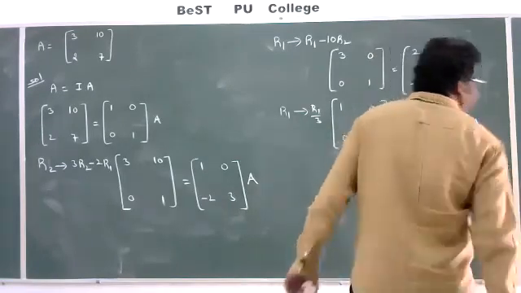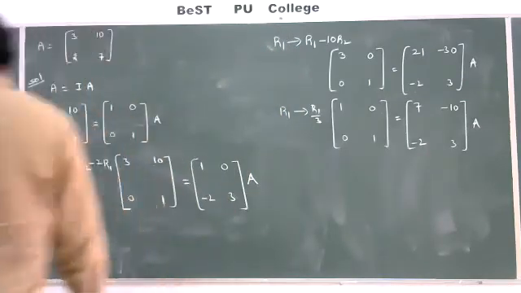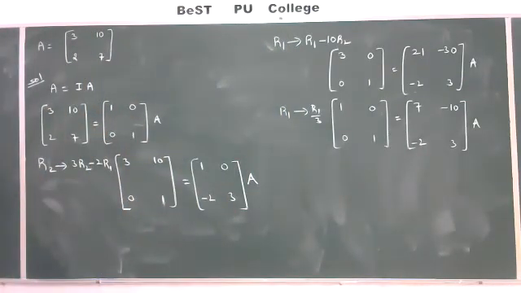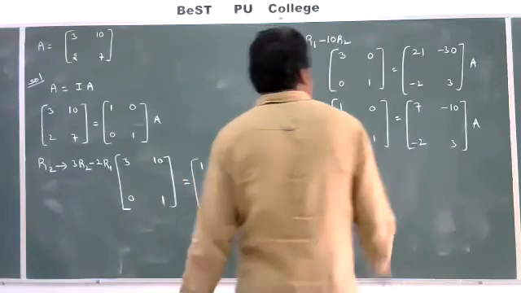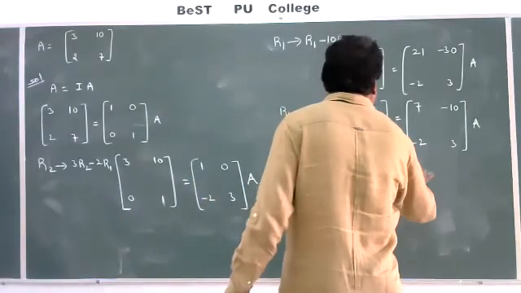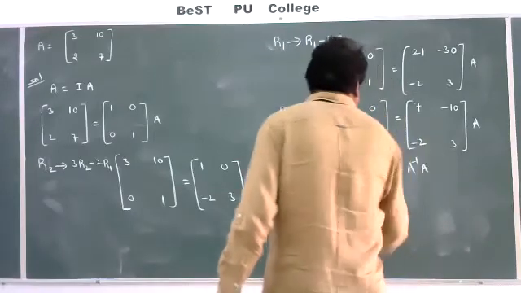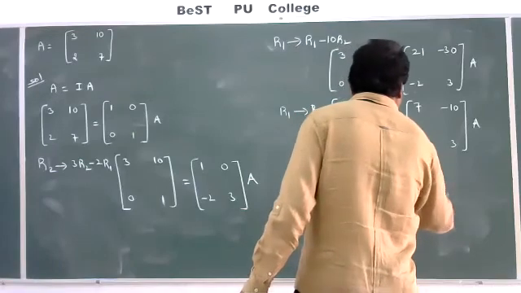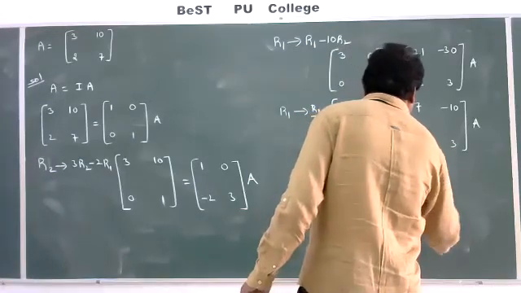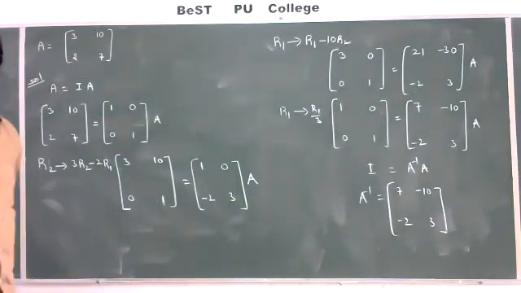A. This is I is equal to A inverse into A. Therefore, A inverse is equal to matrix 7, minus 10, minus 2, 3.